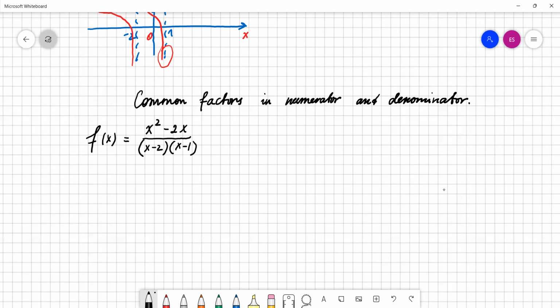Let's imagine somebody gives us an already factored denominator and asks us to graph it. You start looking at this expression and you see that from the numerator you can factor out x, and that's going to be x minus 2 in parentheses, and over here x minus 2 and x minus 1.